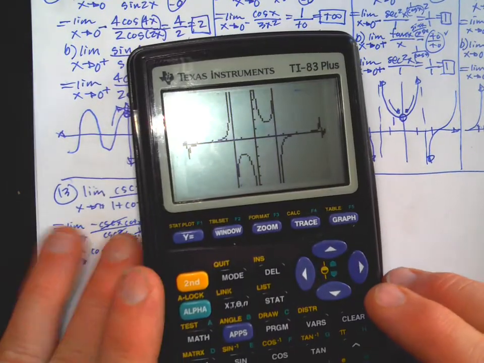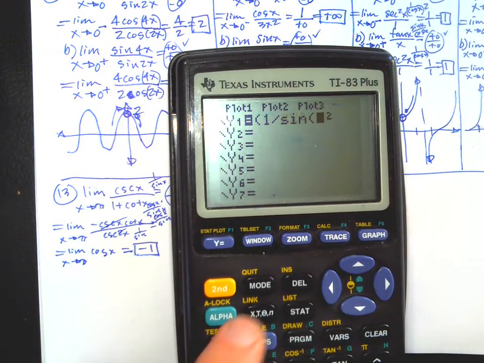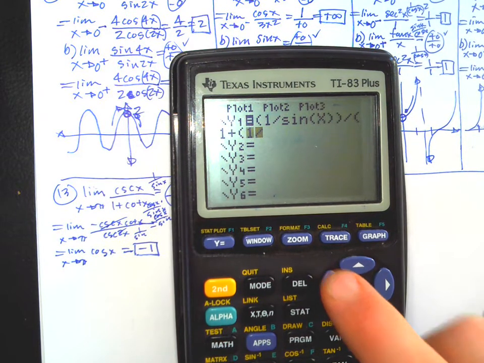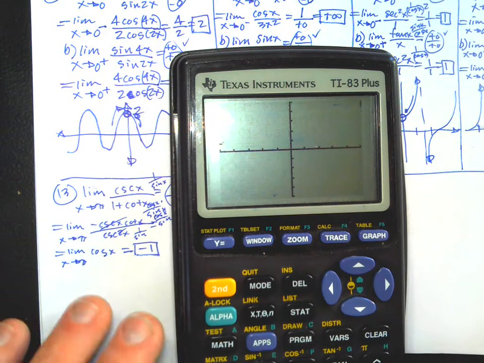Graphically, we have to type this in: 1 divided by sine, divided by parentheses 1 plus parentheses 1 divided by tangent, close, close, close. Graph it.